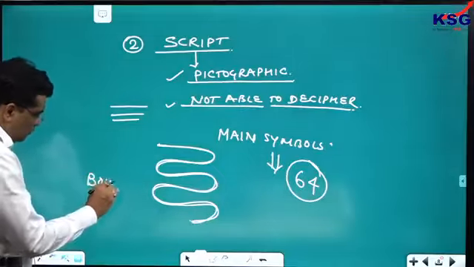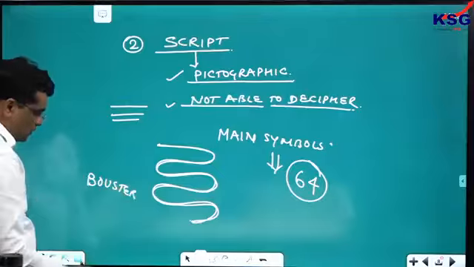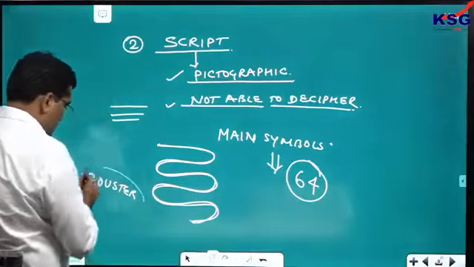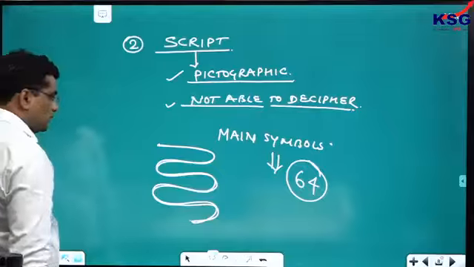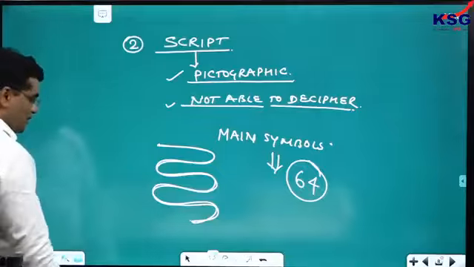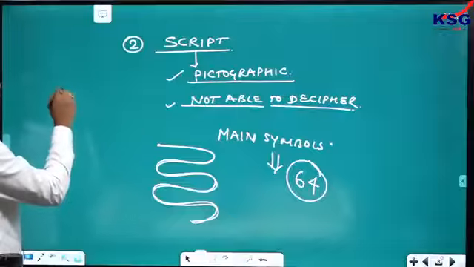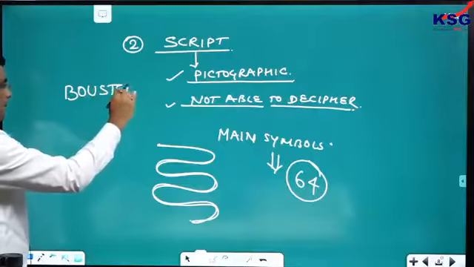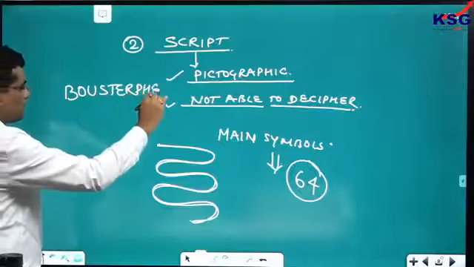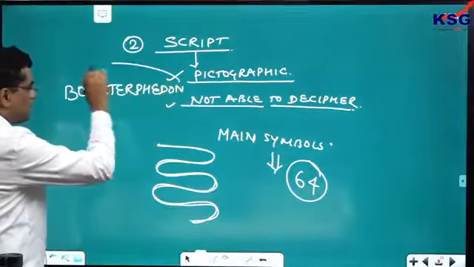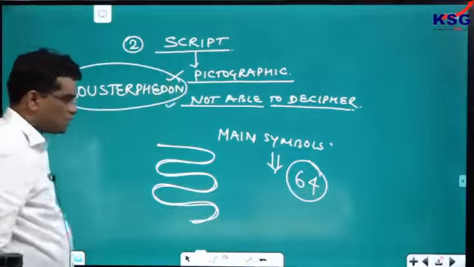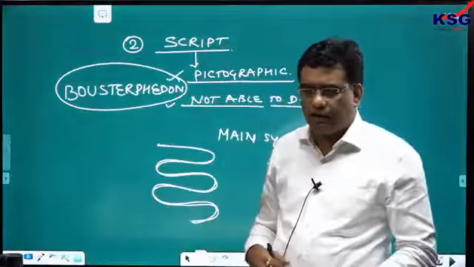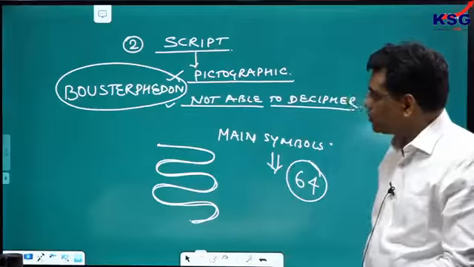Let me write it bigger, otherwise you will say my handwriting is not good. Right to left, left to right, right to left, left to right. This is called Boustrophedon style.